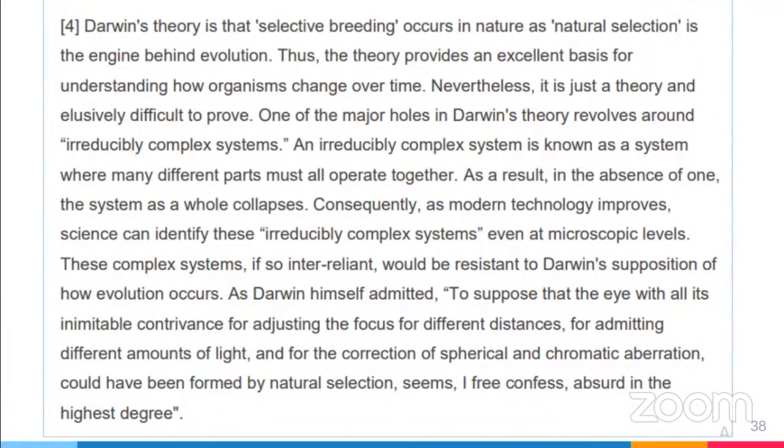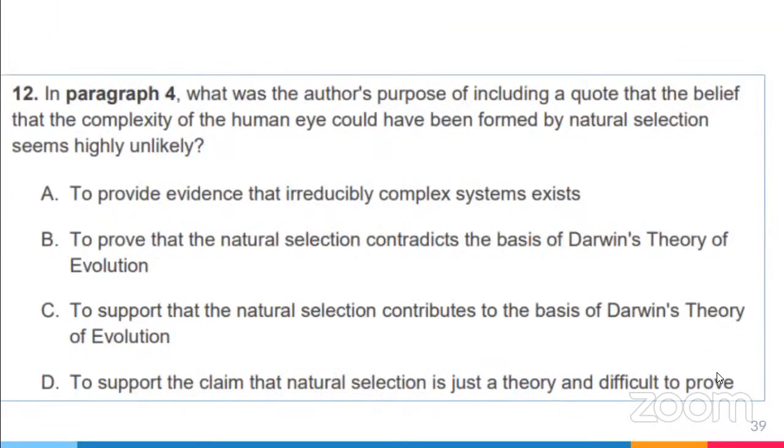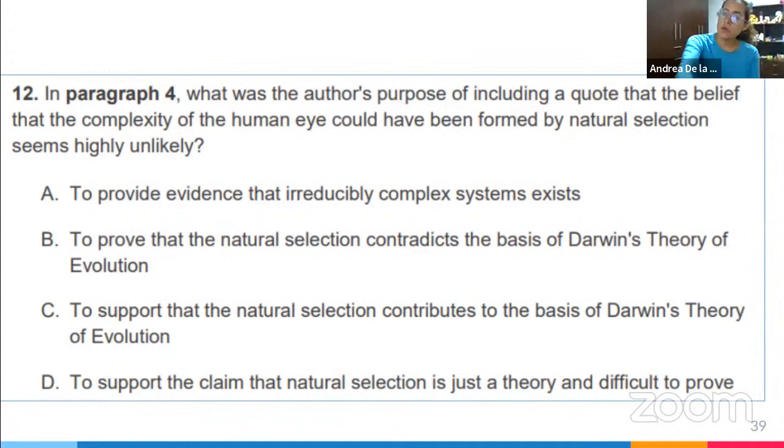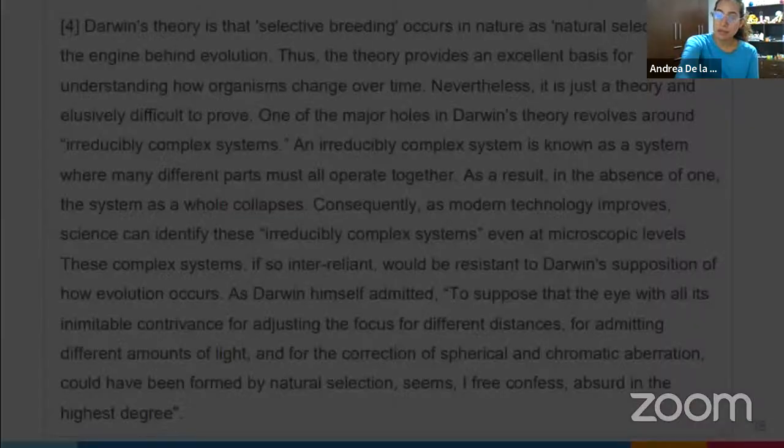I understand that Darwin has a theory, and this theory is probably contradicted by another theory, from new science, and that's the reason why Darwin says a quote that it's unlikely for him. Okay, so now, natural selection contradicts the basis of Darwin's theory.